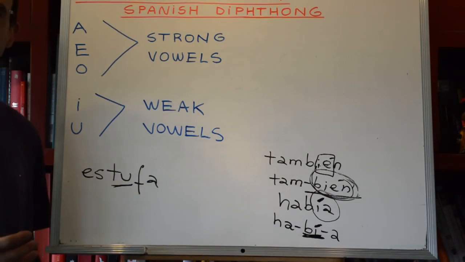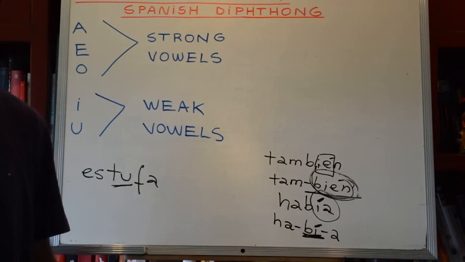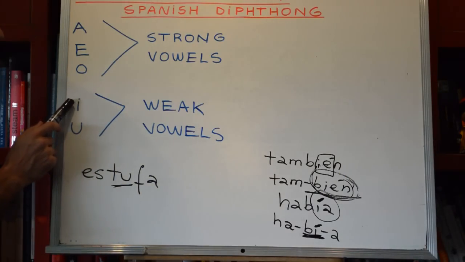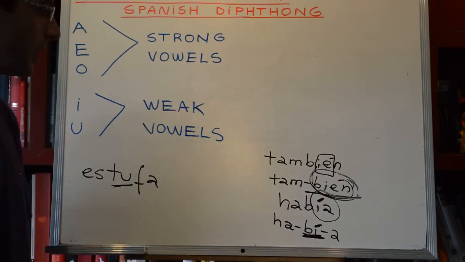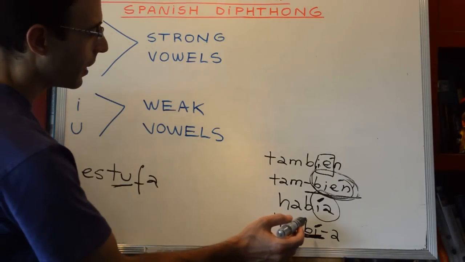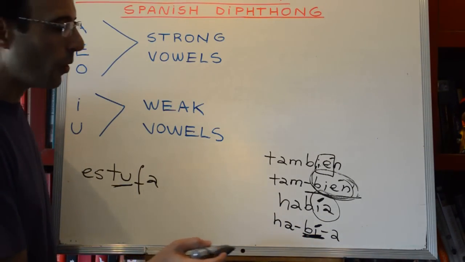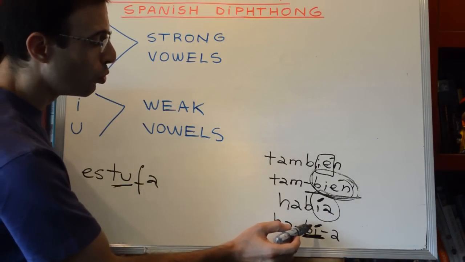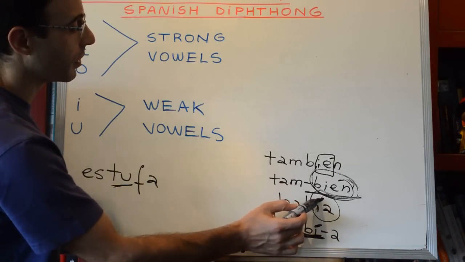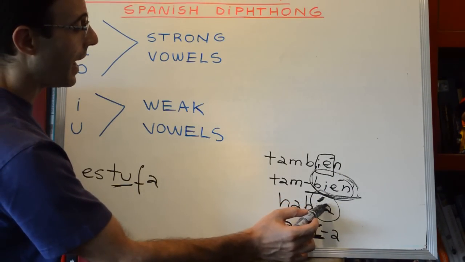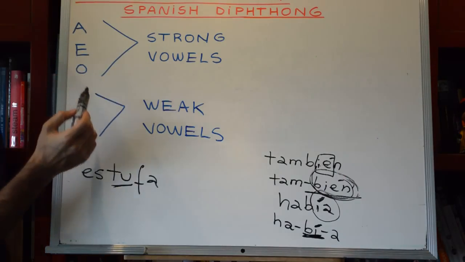Había, the accent is on the letter I, on the vowel I. So because of that, it's as if it becomes a strong vowel. Therefore, we have two strong vowels: I that became strong because of the accent, and A because it is a strong vowel.